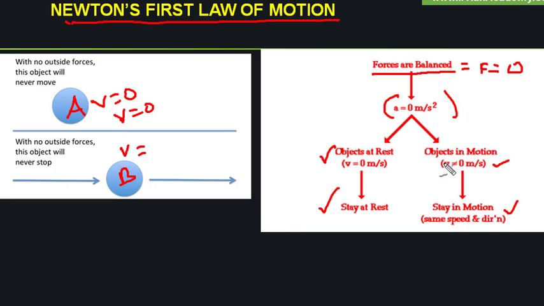Now, how do we denote an object in motion? Velocity not equal to 0. You remember this sign, not equal to 0. That means there is a velocity which is not equal to 0. That means the object is in motion. So that object will remain in that motion if the force applied is 0.